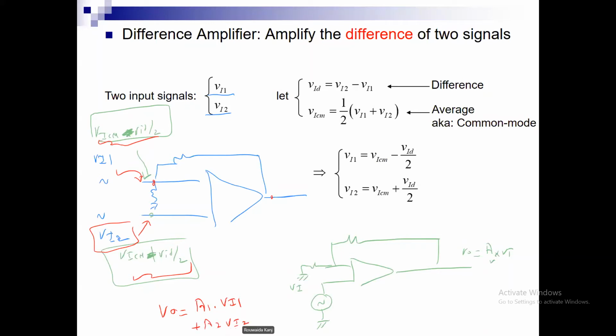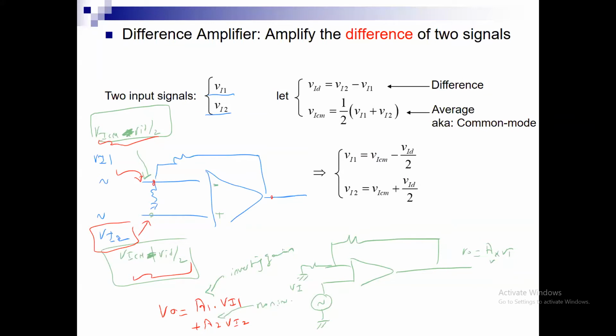Now, A1 may be connected to the negative input, so it turns out to be an inverting gain, and A2 may turn out to be a non-inverting gain, but I'm not declaring anything. I'm saying if you are able to find what A1 is and what A2 is, by virtue of superposition, because my circuit is linear, the output is going to be the sum of the gain times each input. One of them may be inverting, the other non-inverting.